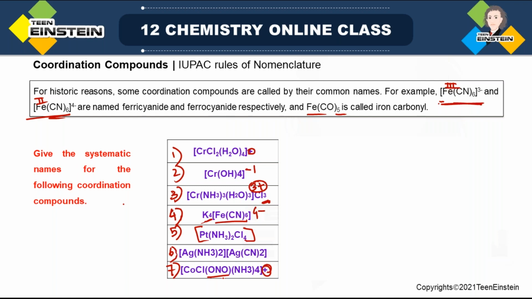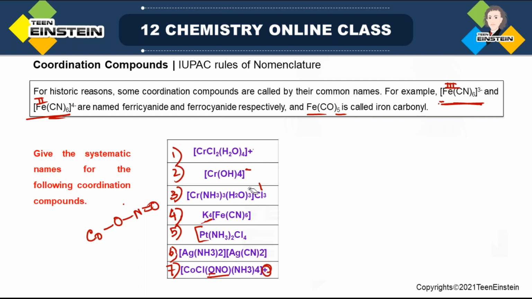Because NO2 is an ambidentate ligand, it can interact through nitrogen or through oxygen. So when it is written in this way, it means it is now interacting through oxygen with cobalt. That means cobalt-ONO. But if it is written simply NO2, then it means another thing.